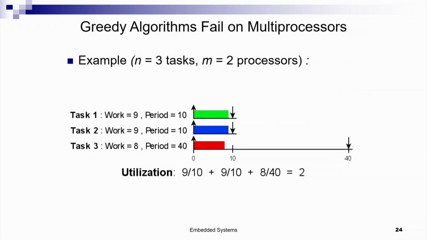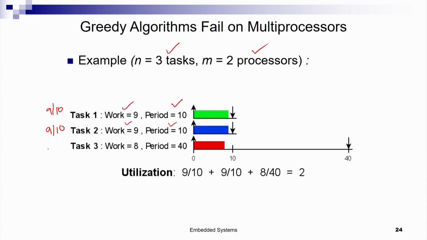Now, let us take an example to see why this happens. Let us say we have 3 tasks to be scheduled on 2 processors. Task 1 has an execution requirement of 9 to be scheduled within a period of 10, so it has a utilization of 9 by 10. The second task also has a utilization of 9 by 10, with an execution requirement of 9 to be completed within a period of 10.